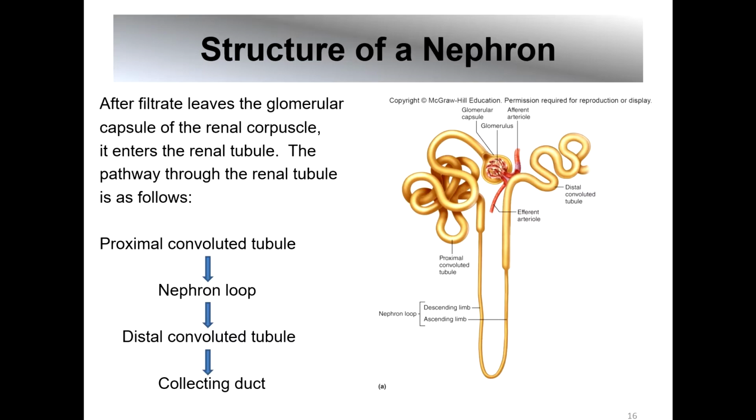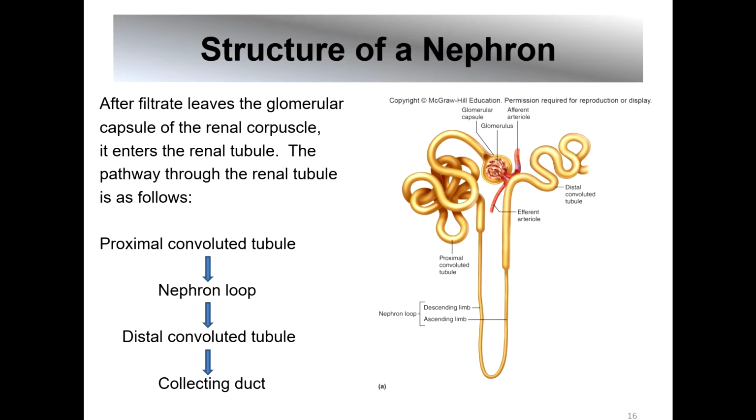All right, so yes, here we have the loop of Henle. You have the descending limb, and then you have the ascending limb. And most of the descending limb is going to be thin, and then the ascending limb is going to have a thin and a thick portion.